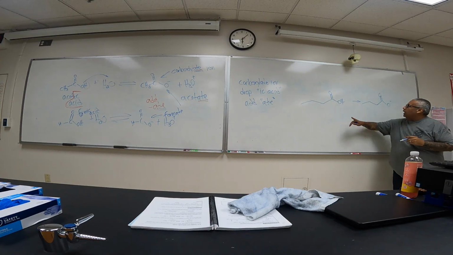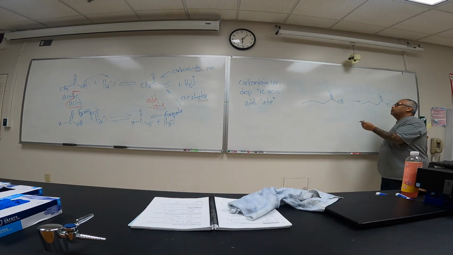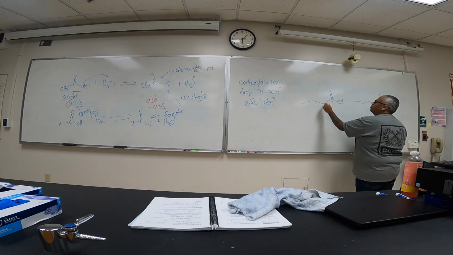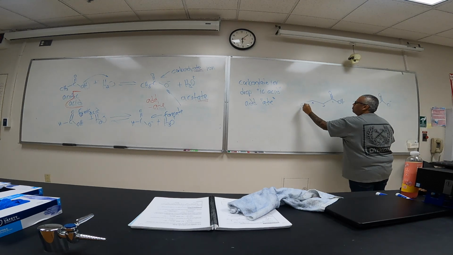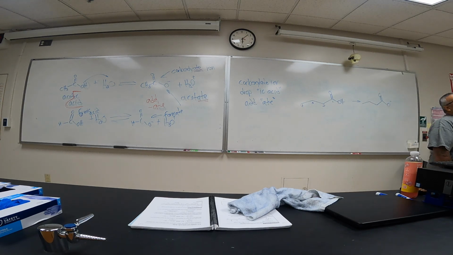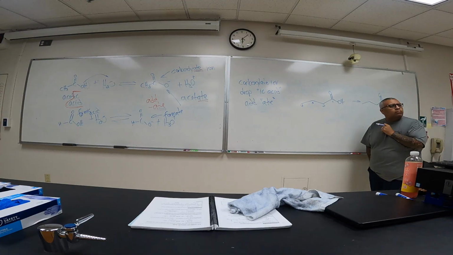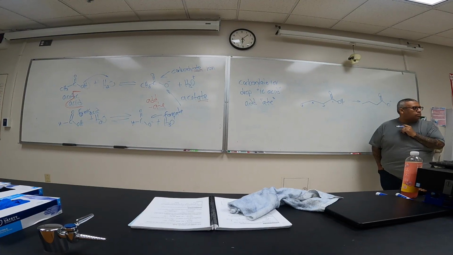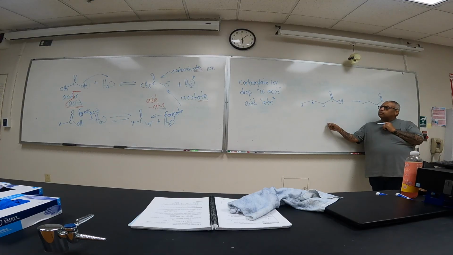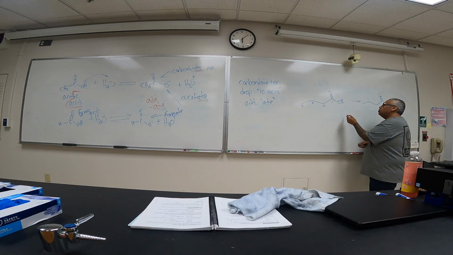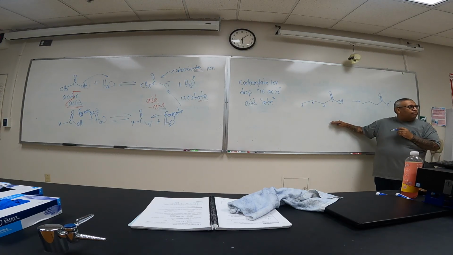So carboxylic acid, carboxylate. Kaylin, what's the name of this carboxylic acid? First, how many carbons are here? Four. Do you know the alkane name for four? Butane. Perfect.